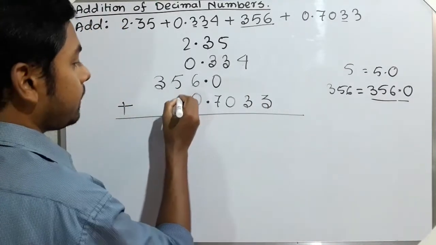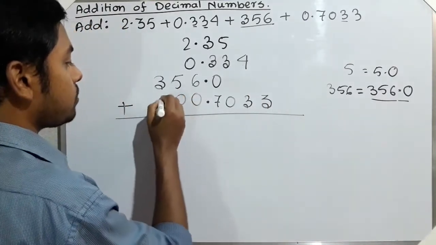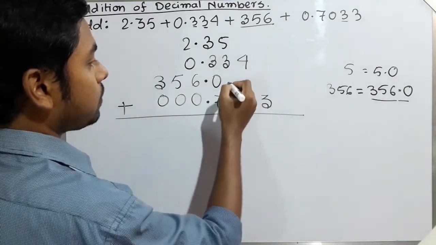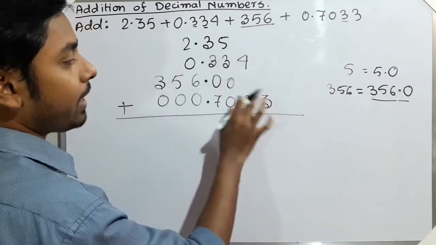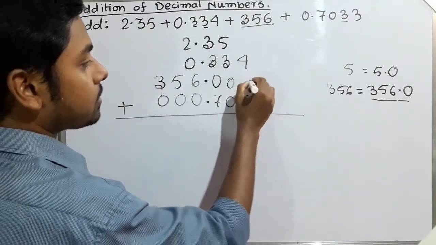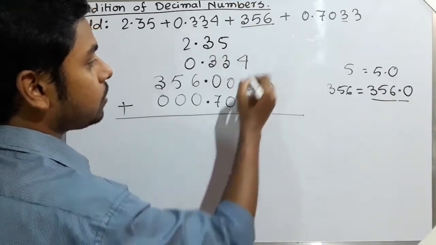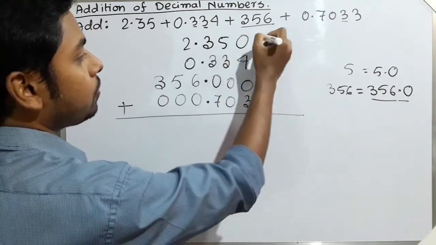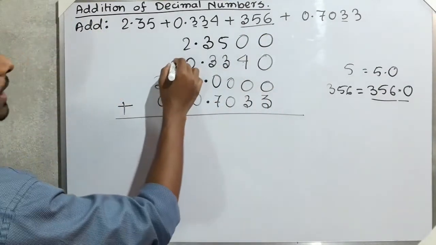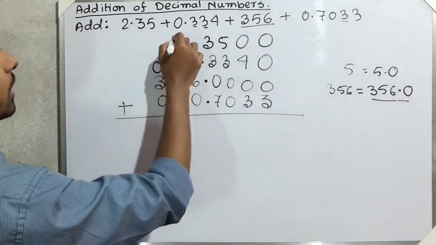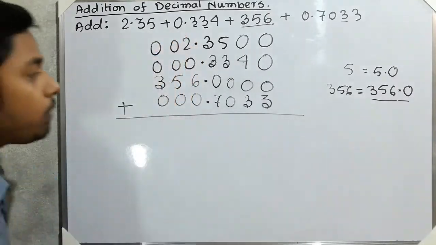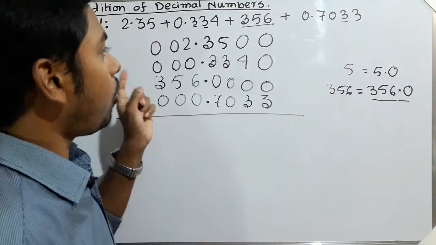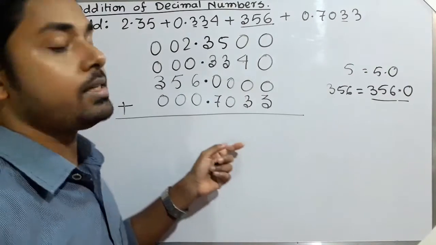That means below 5 is 0, below 3 is 0, and where the second digit is blank, it is 0, where the third digit is blank, it is 0, where the fourth digit is blank, it is 0. Now you can see all the blank spaces we have filled with 0.